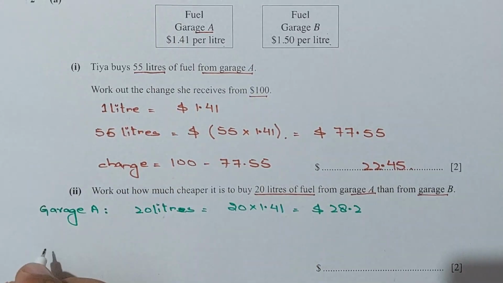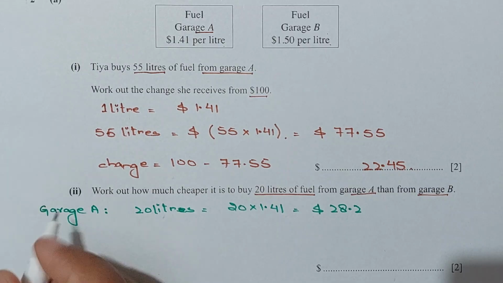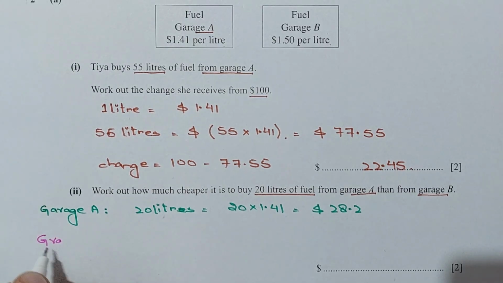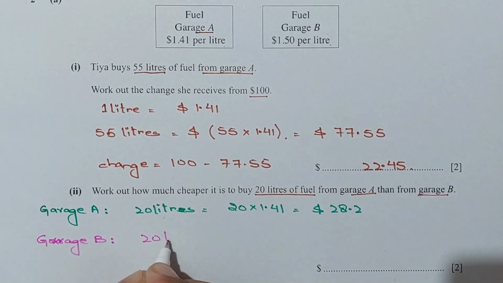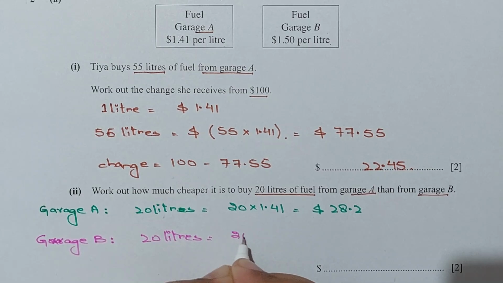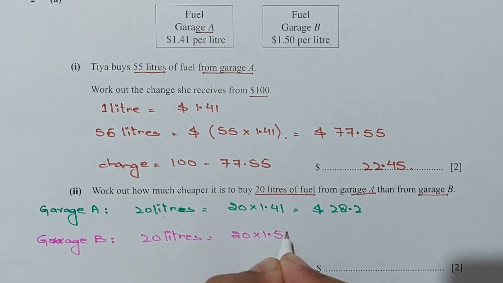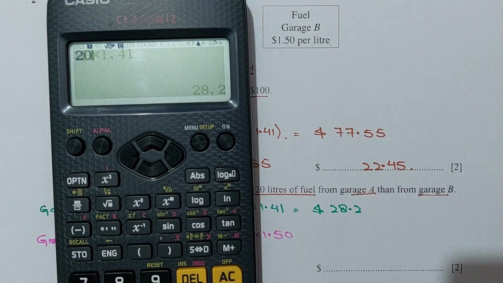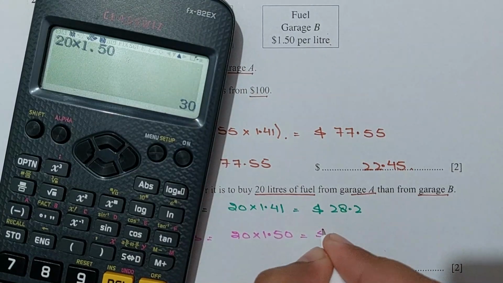And let me work for garage B. This is again 20 liters, 20 times 1.50. This is $30.